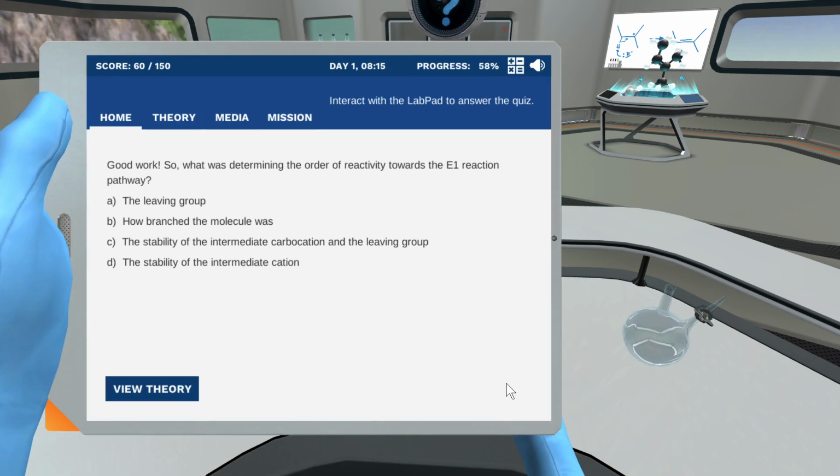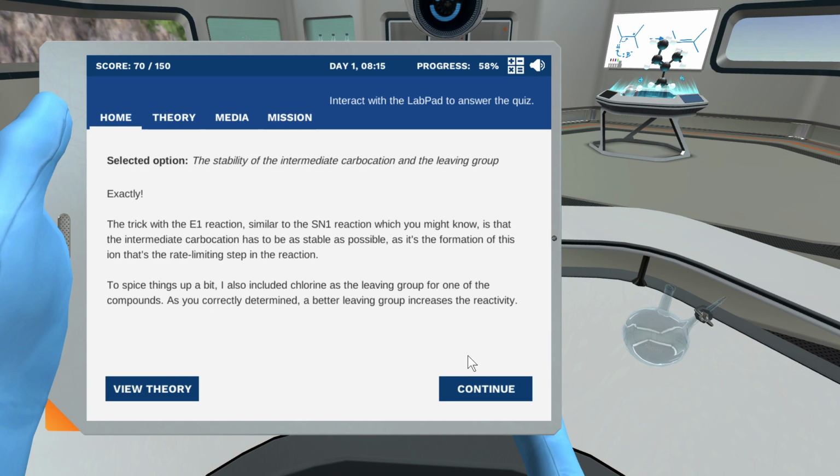So, what was determining the order of reactivity towards the E1 reaction pathway? Exactly.